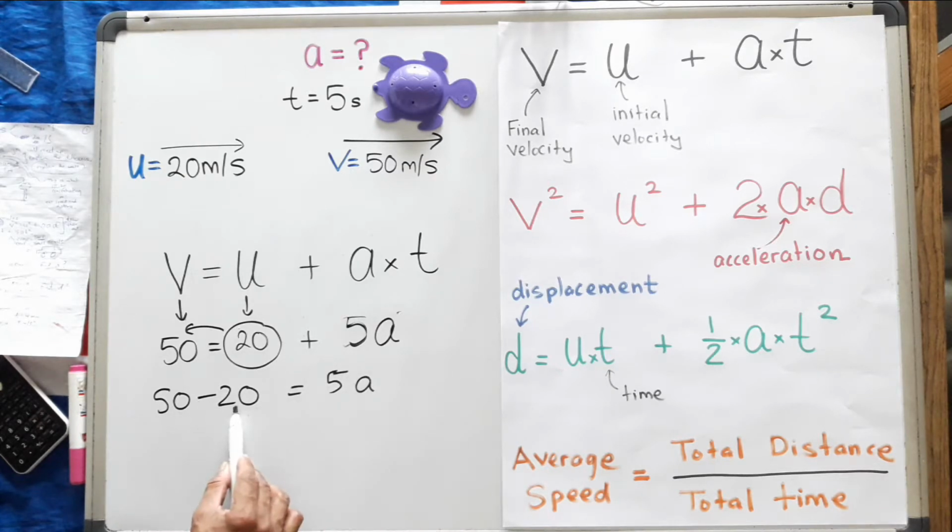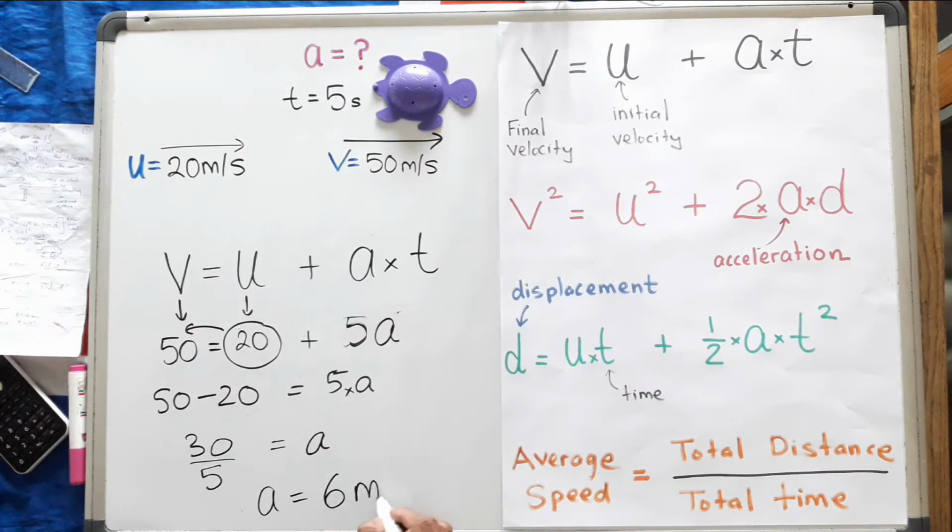50 minus 20 is 30. And then you have to throw across the multiply to get the divide. I'm going to assume that you could transpose a little bit, right? 30 divided by 5 is 6. So that means my acceleration is 6 meters per second squared. Because acceleration, you have to put it squared.